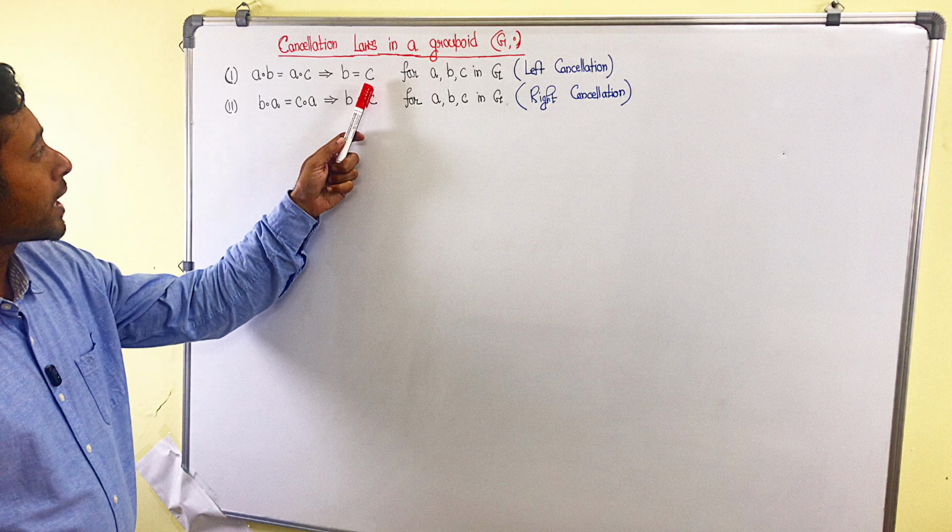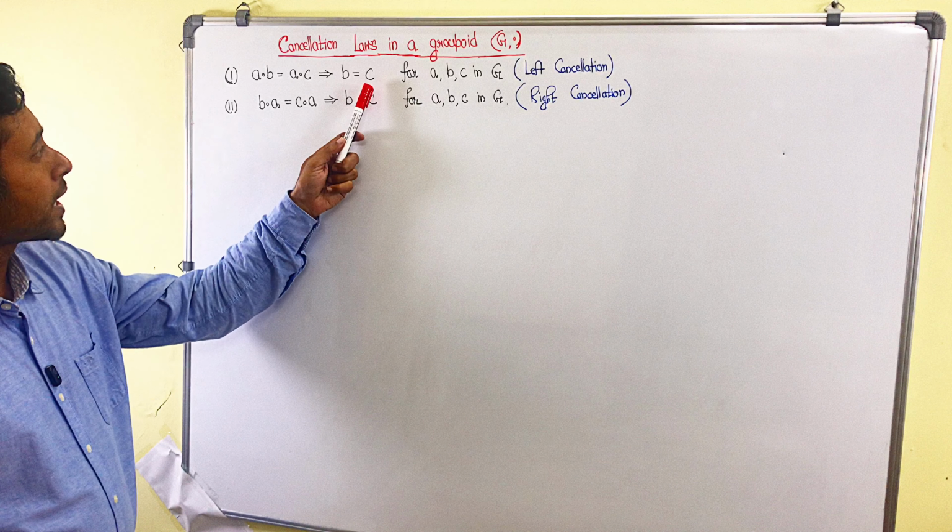Now we will see that this doesn't hold in general. In any groupoid, this is not necessarily true. For example, take the groupoid of the set of integers with respect to multiplication.